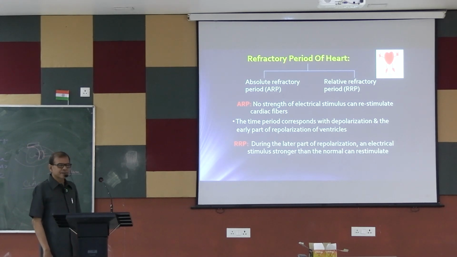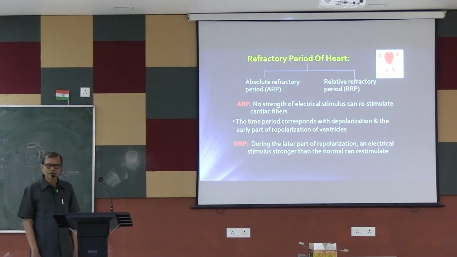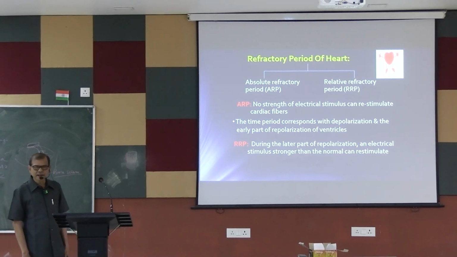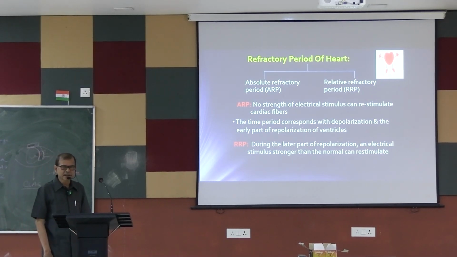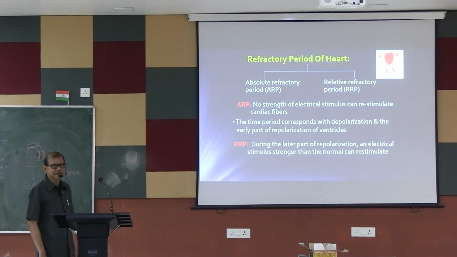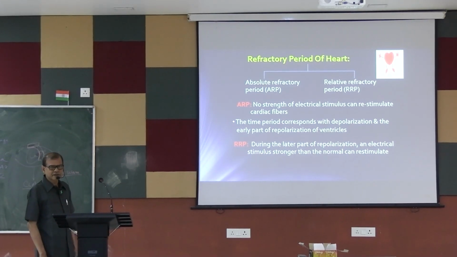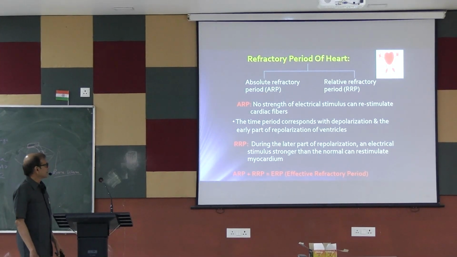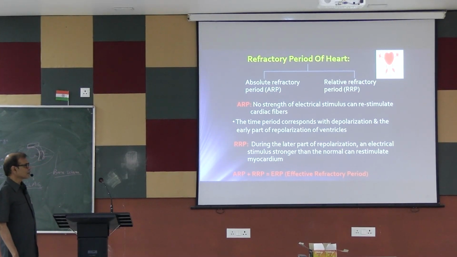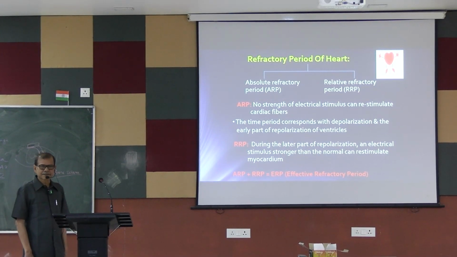During the later part of repolarization, an electrical impulse stronger than normal can stimulate the cardiac fibers. This is the relative refractory period. And the absolute refractory period plus the relative refractory period constitute the effective refractory period. So, absolute refractory period, no strength of electrical stimulus.